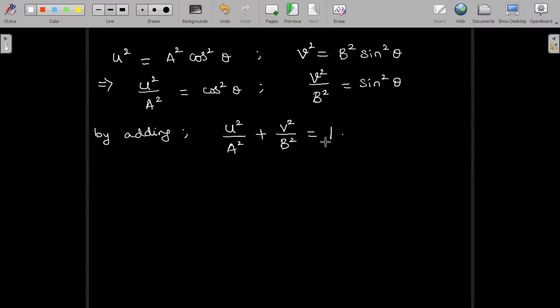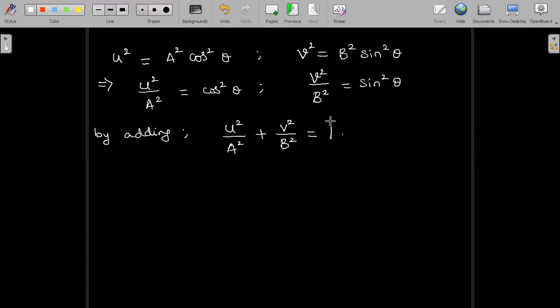Right? Now what does this curve represent? u square by A square plus v square by B square is equal to 1 represents an ellipse with center at the origin and u and v axis as its axis. u and v become the axis of the W plane.